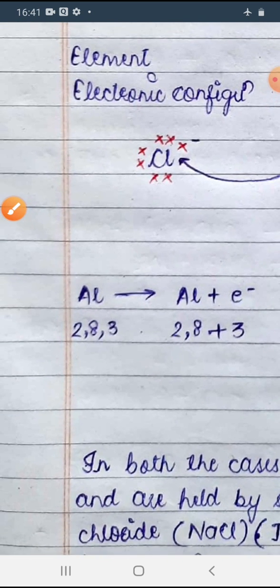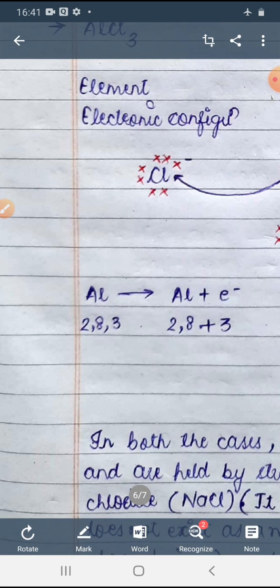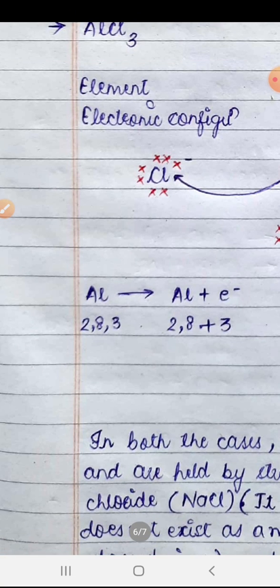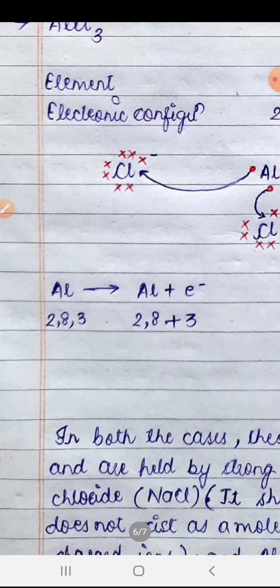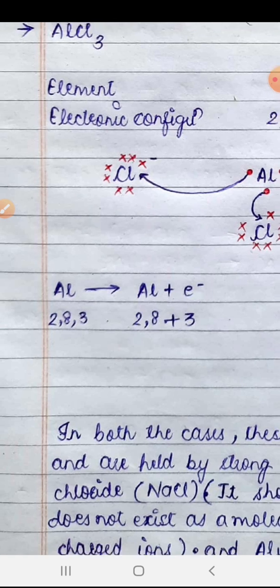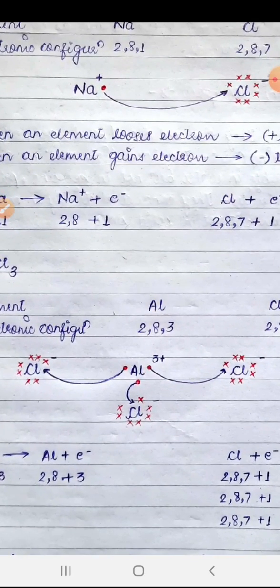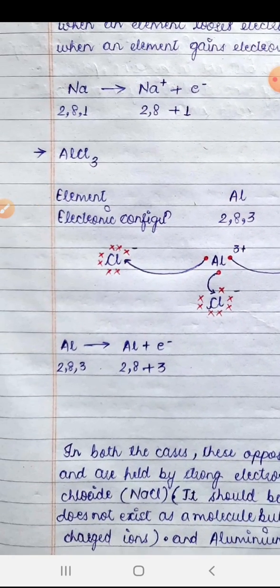Now we'll see the electronic configuration of aluminium here. Before losing electrons, aluminium has the 2, 8, 3 electronic configuration, while after losing 3 electrons, aluminium will have a positive charge. I have not written the positive charge here, but a positive charge will be there.